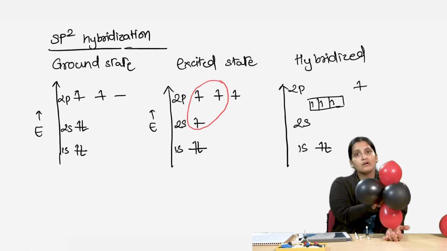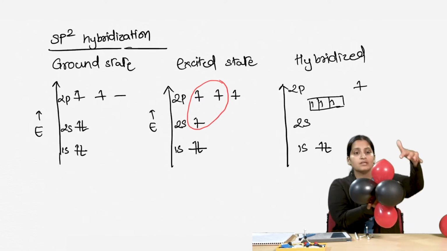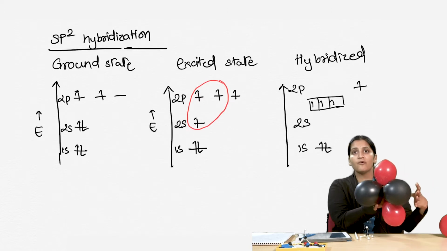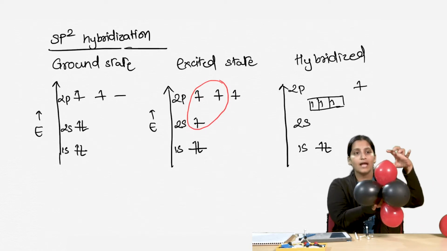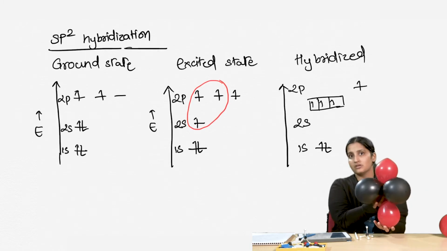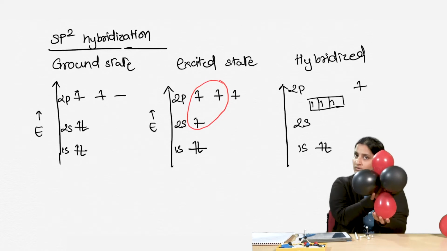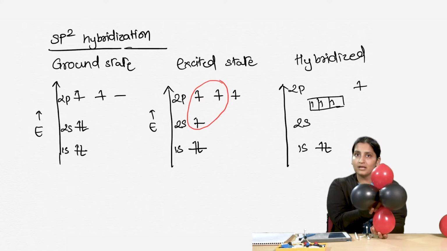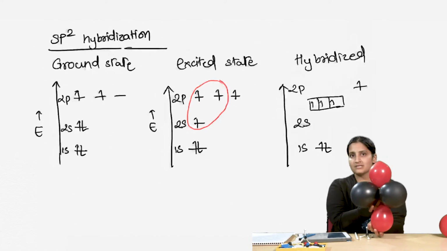So, in the case of ethene, each of these sp2 hybridized orbitals will form the sigma bonds, and this pz orbital that did not take part in hybridization will take part in the formation of a pi bond. Now let us look at the diagram and understand the bonding in carbon-carbon double bonded molecules, or let us take the very simple example of ethene.